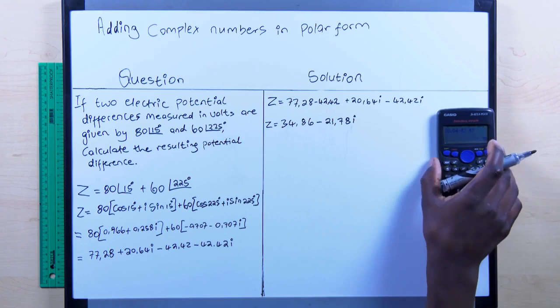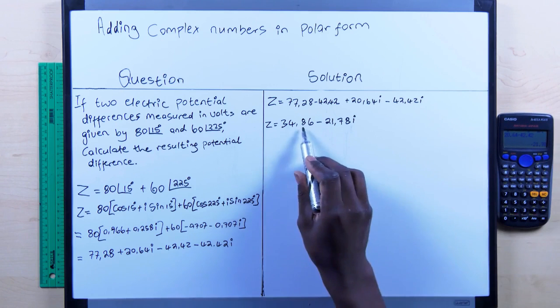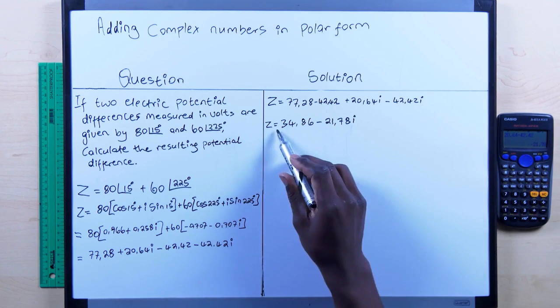Okay, now we have found the real axis as well as the imaginary axis in terms of Z.